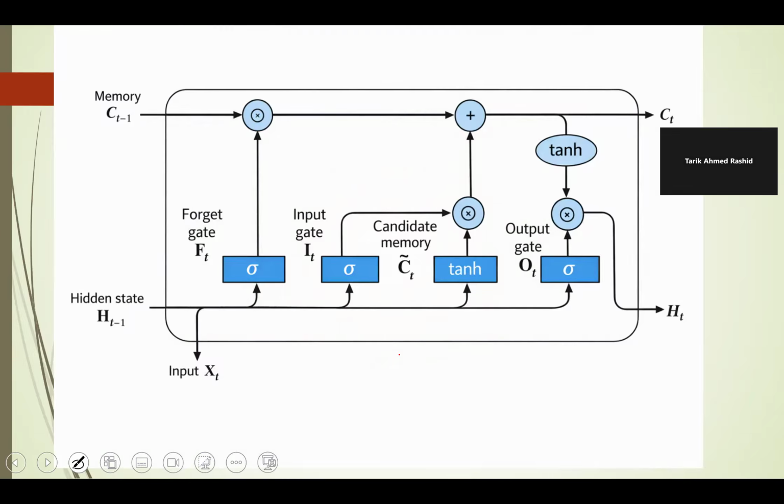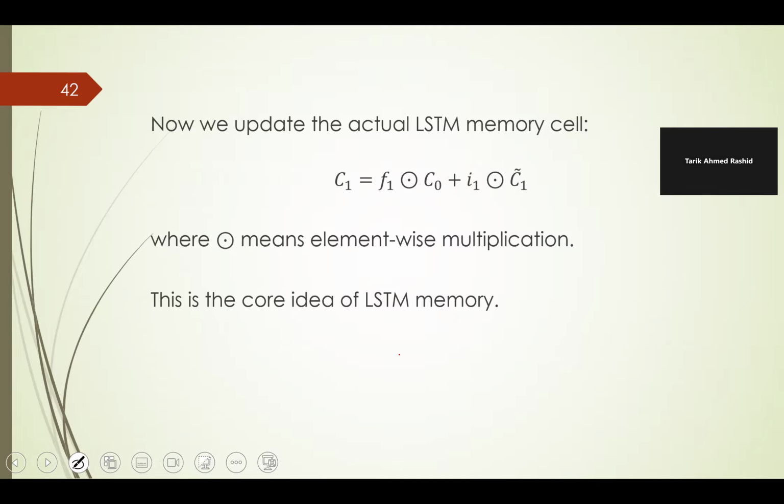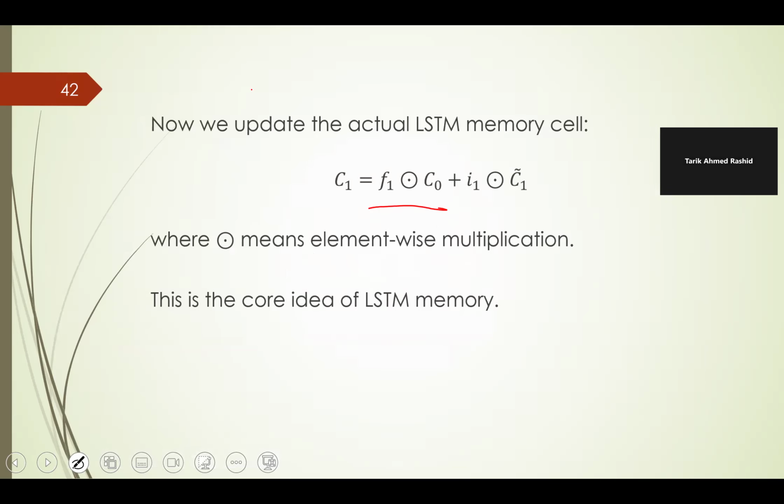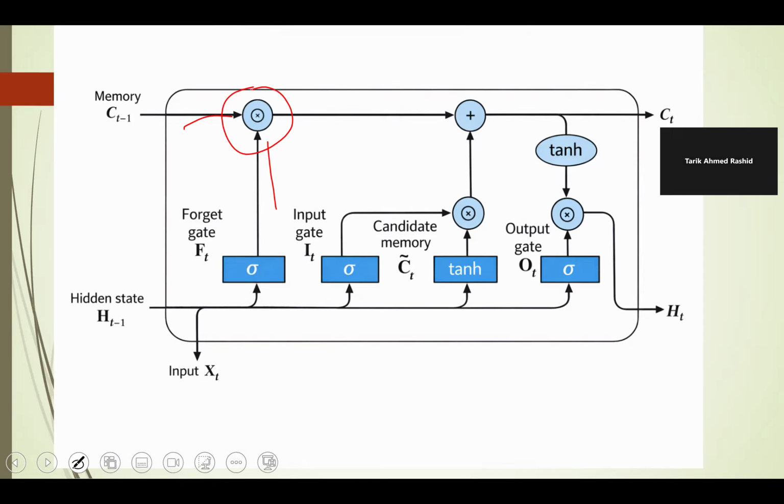Now, next we are going to do this part, which is forget multiplied by the initial candidate plus input multiplied by the candidate memory that we found. So in other words, this and this we will get, and then I multiply by C1.